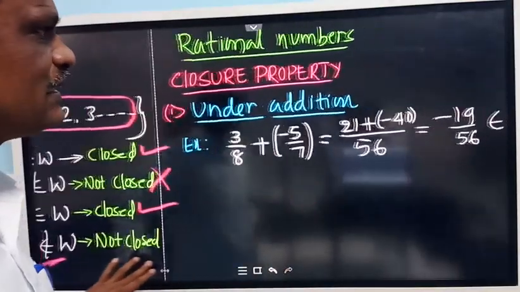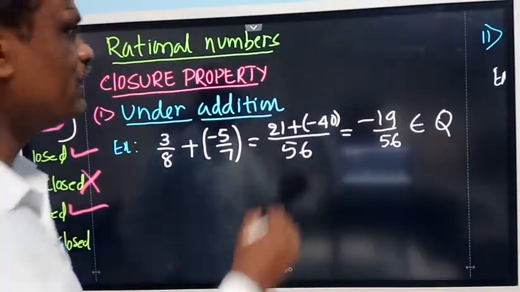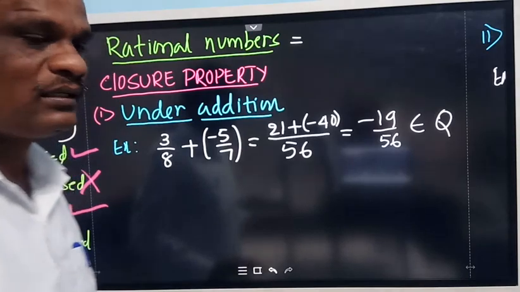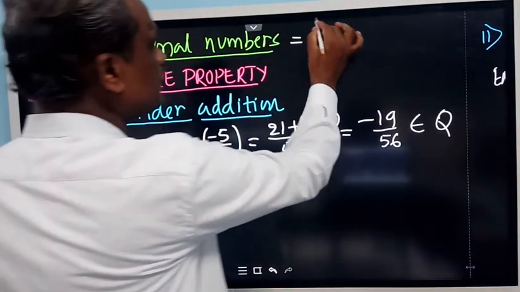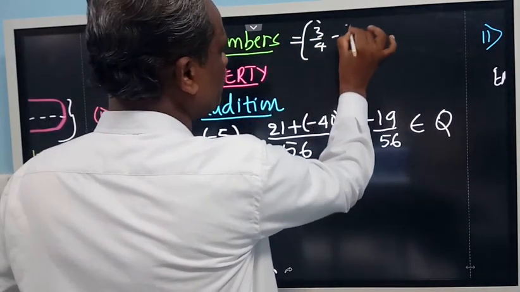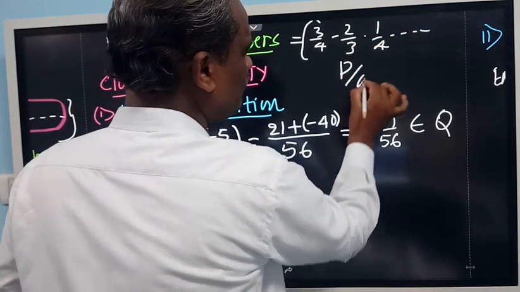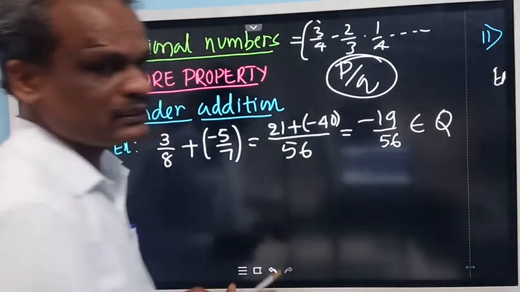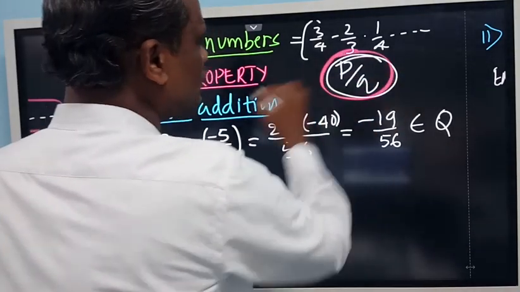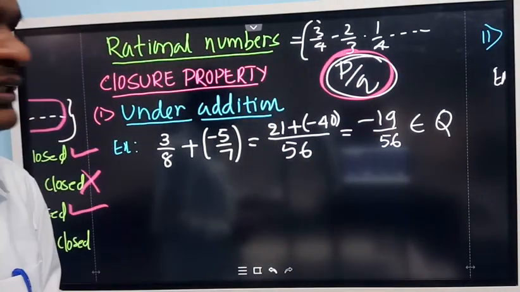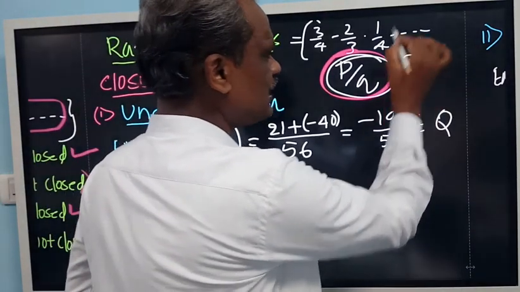Now come to rational numbers. As I said, rational numbers are numbers in the form of 3 by 4, 2 by 3, 1 by 4, such numbers. That means in the form of P by Q. Remember, any number in the form of P by Q is a rational number. Can you tell me, is 3 a rational number or not?